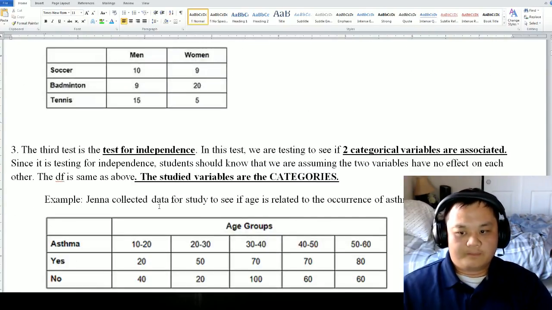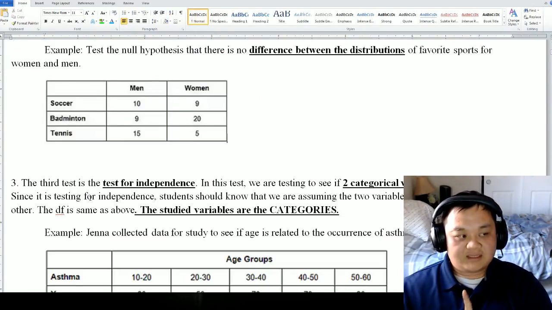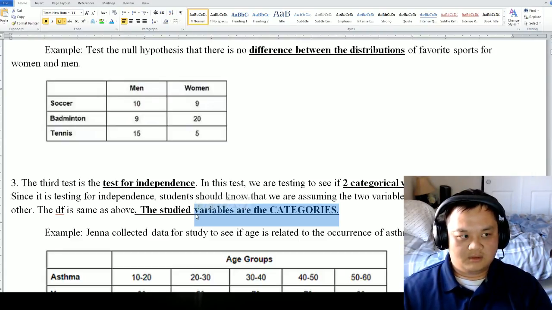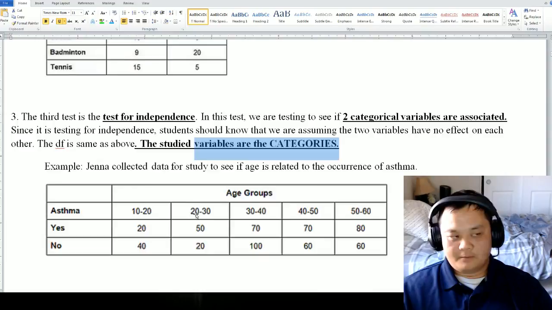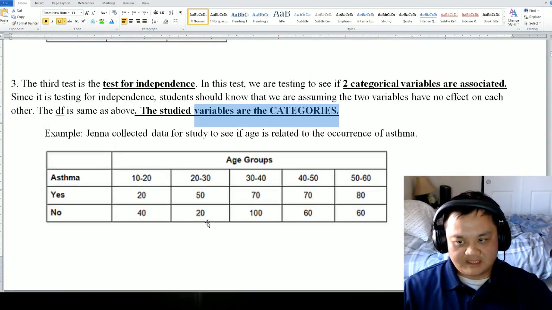The last one is your test for independence. The difference between the test of independence and everything else is that this deals with what sort of variable? Categorical? Yep, that's it.